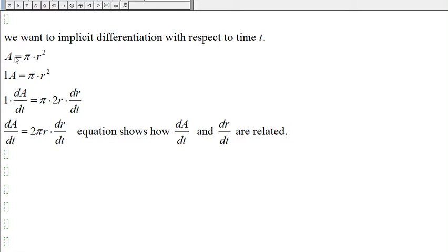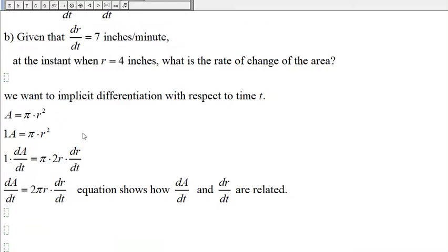Just like the earlier equation shows how the area and the radius are related, this equation shows how the rate of change of the area and the rate of change of the radius are related.